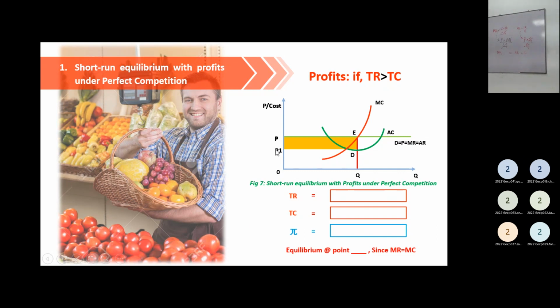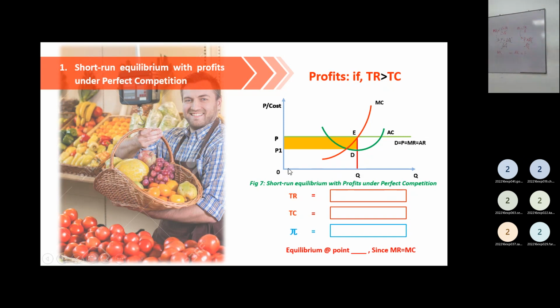P1. The average cost is P1. Once you multiply your average cost, P1, with its corresponding output, Q, what do you get? You multiply your average cost by your quantity. What is the answer? Total cost.